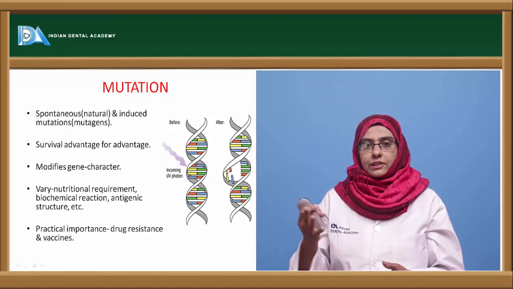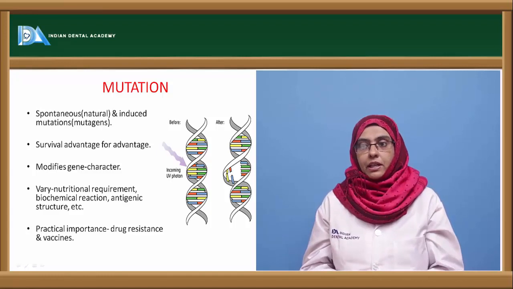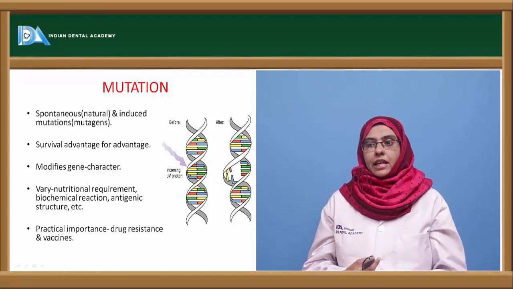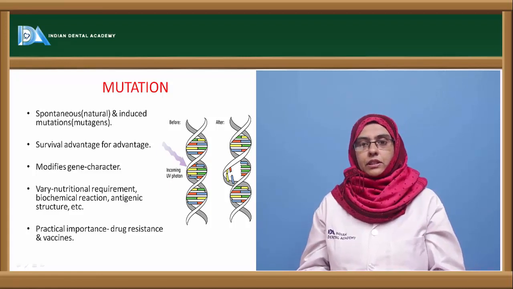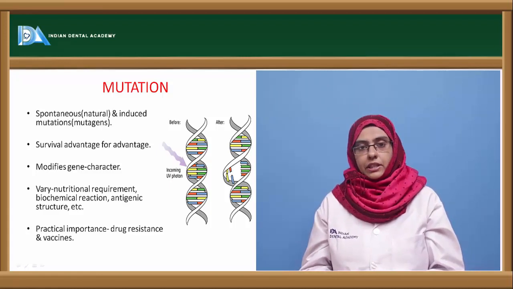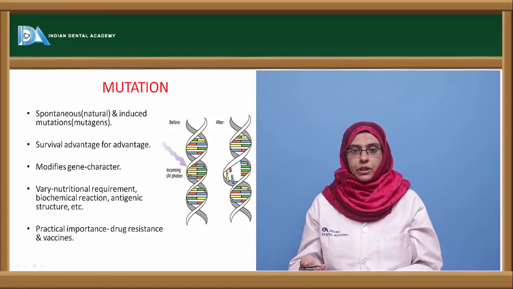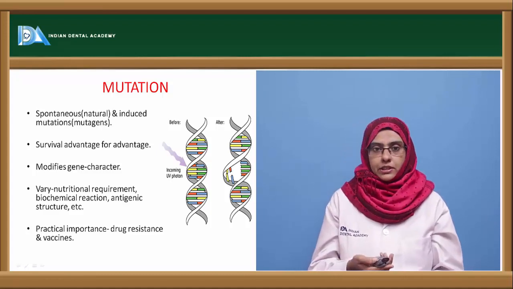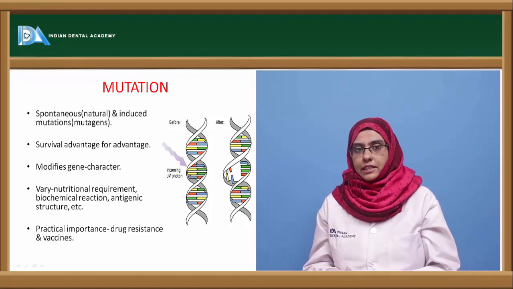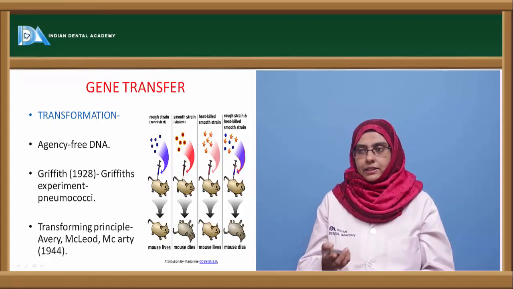So you can classify the mutations again depending upon the nutritional requirement, the biochemical reactions and antigenic structures, etc. And the practical importance of these mutations is that they confer drug resistance to the organism, and they can be used in the production of vaccines. As I told you about the induced mutagens, we can use this to change the antigenic character of that particular organism to prepare the vaccines.